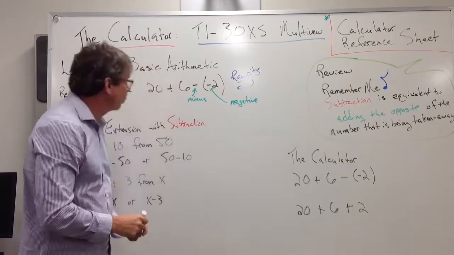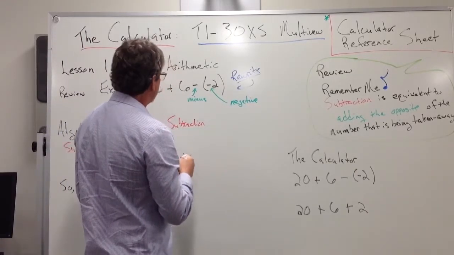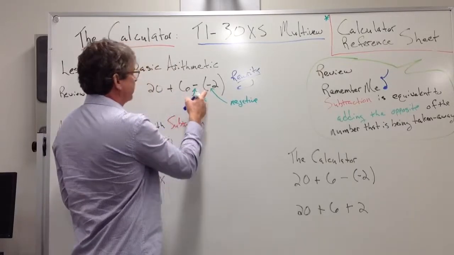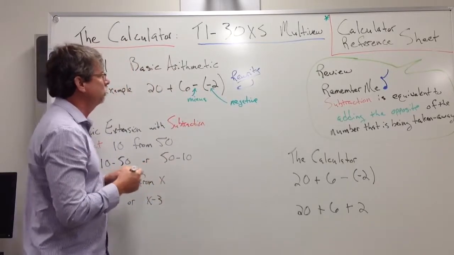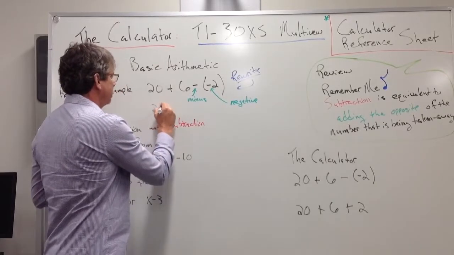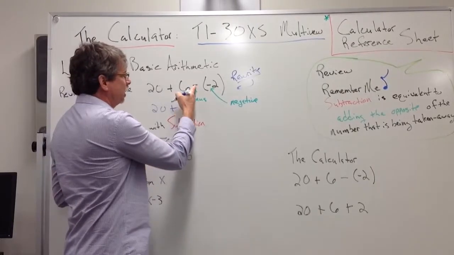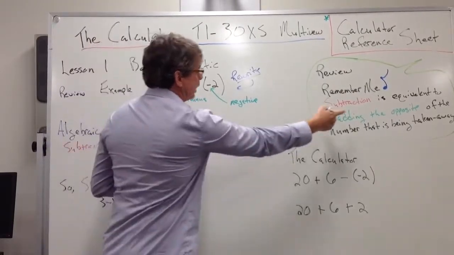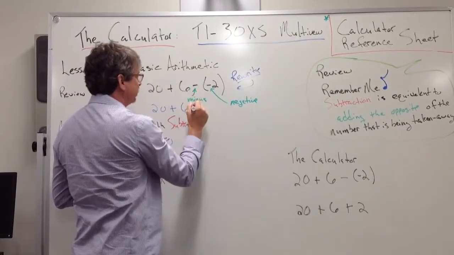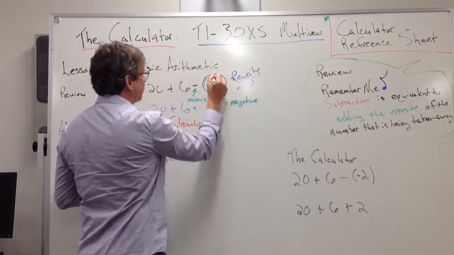So in math, what we're allowed to do, with this 20 plus 6 take away a negative 2, is keep this as 20 plus 6. I'm allowed to change subtraction to adding the opposite. So I'm allowed to change the minus sign to an addition symbol as long as I take the opposite of this number right here.